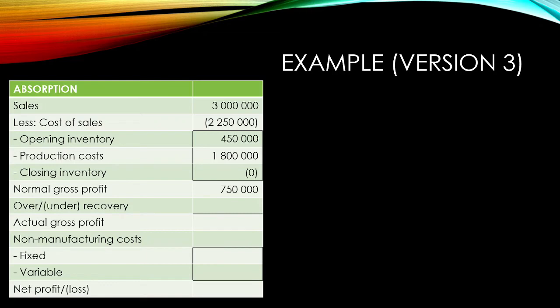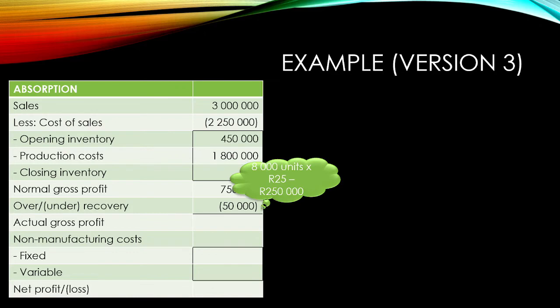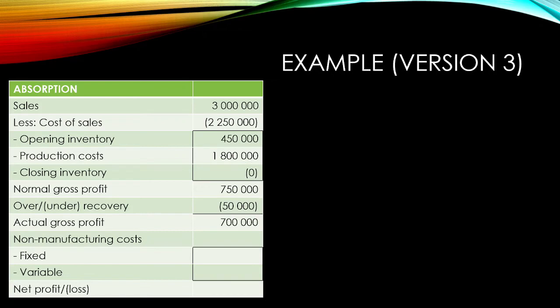To calculate the under or over recovery, we take the overheads absorbed, which is the 8,000 units produced, multiplied by the overhead absorption rate of 25 Rand per unit, and we subtract our actual overheads of 250,000 Rand. Here we see we have an under recovery of 50,000 Rand. We can then calculate our actual gross profit and deduct our non-manufacturing costs to get our net profit of 590,000 Rand.